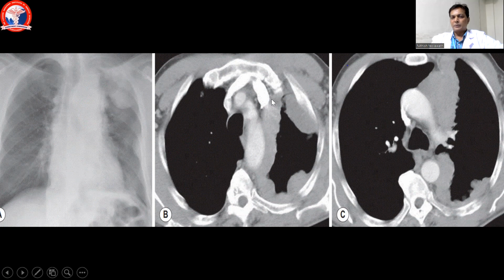On the cross-sectional contrast enhanced CT image, along the mediastinal margin there is soft tissue invasion, as well as along the pleural margin. The next image shows an enlarged thymus, and these images are of invasive thymoma. This is the case of invasive thymoma.